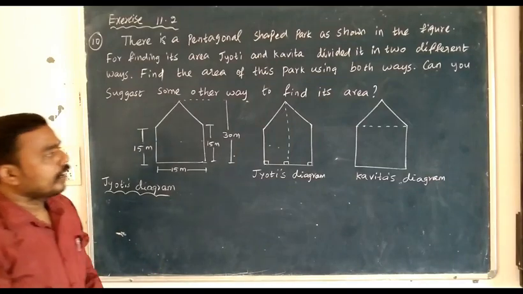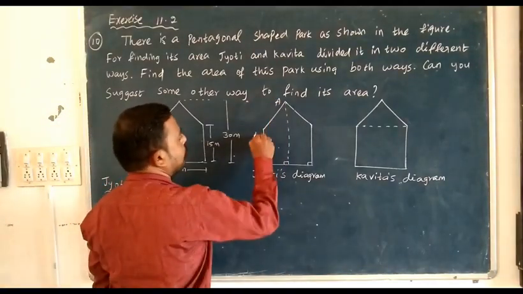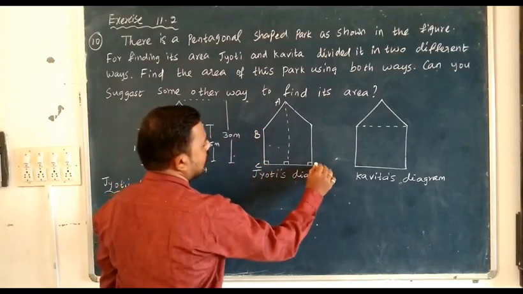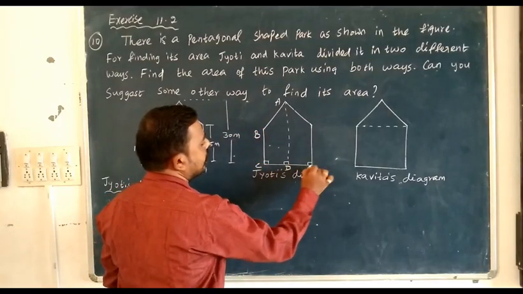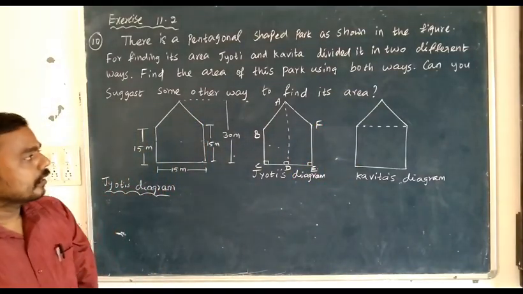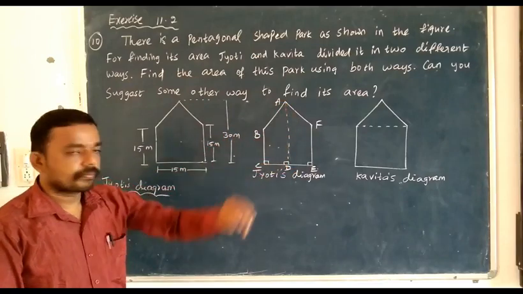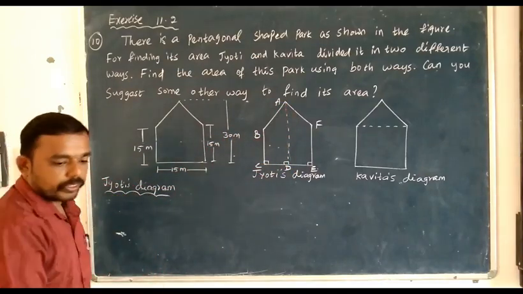Right. For that, I am going to give names as A, B, C, maybe D, E, and F. So think about the division line. I am going to draw the picture.